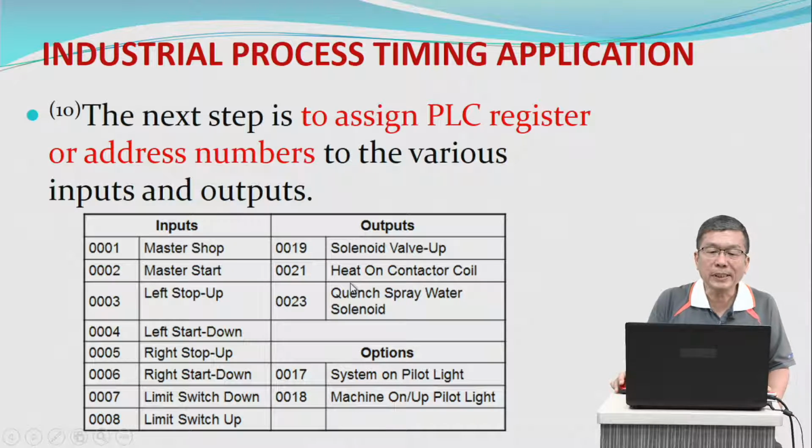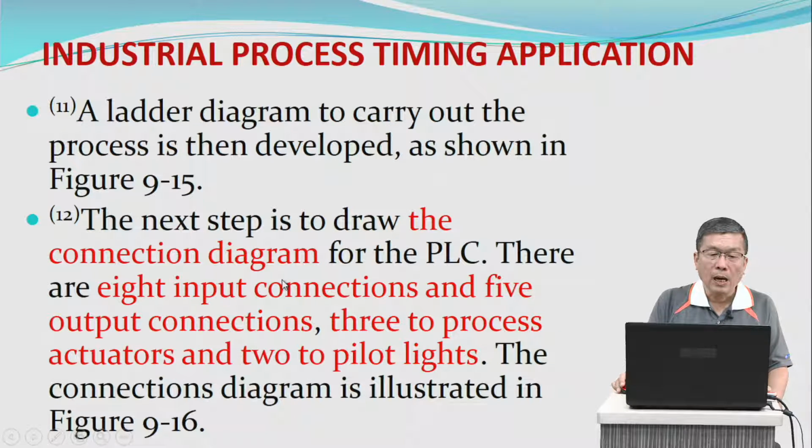The next step is to assign PLC register or address numbers to the various inputs and outputs. Here's the input and output I/O assignment. A ladder diagram to carry out the process is then developed, as shown in figure 9.15. The next step is to draw the connection diagram for the PLC.